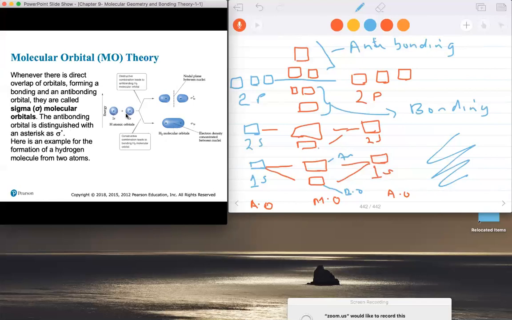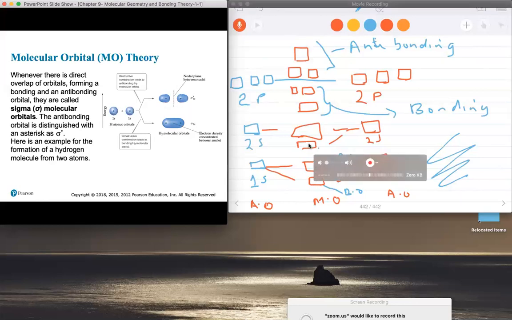So this is for hydrogen. For hydrogen gas, the 2 electrons, 1 electron coming from each hydrogen, will reside in this bonding molecular orbital. If we add more electrons for other molecules, we will continue filling in this molecular orbital diagram.